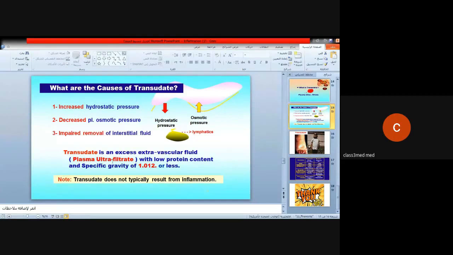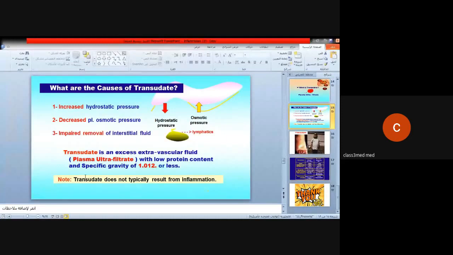Okay. So there is a difference between transudate and exudate. Exudate has high protein content, transudate low protein content. The specific gravity of exudate is 1.020 or more, while the transudate specific gravity is 1.012 or less.